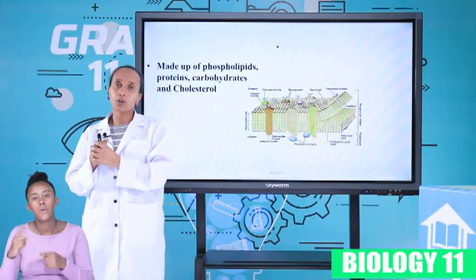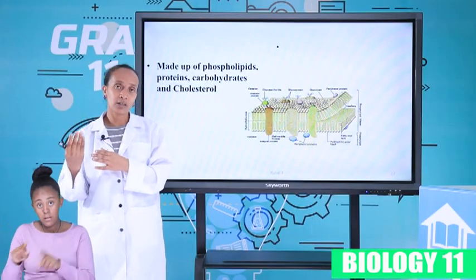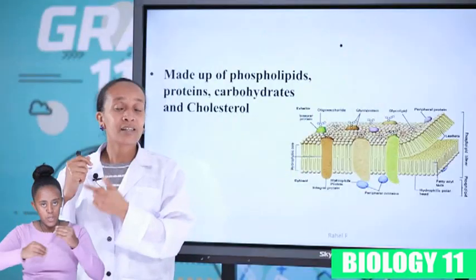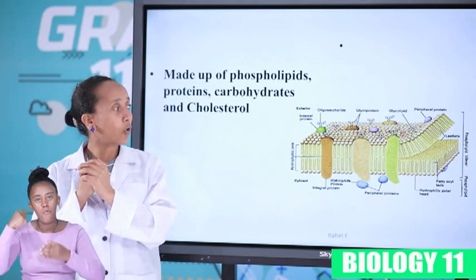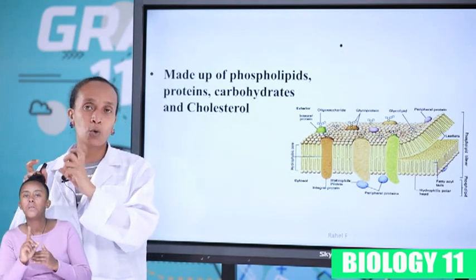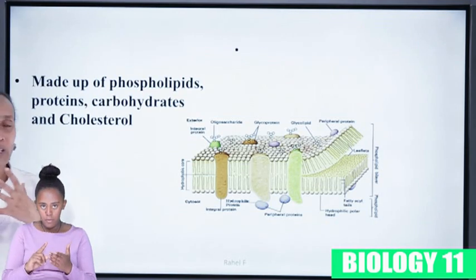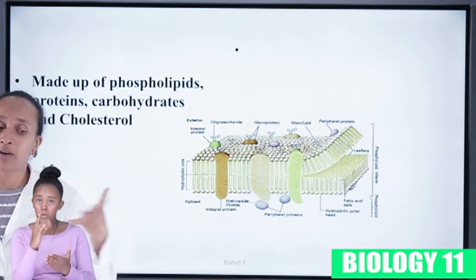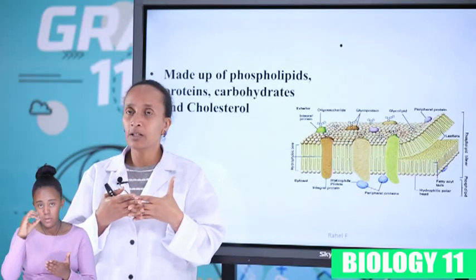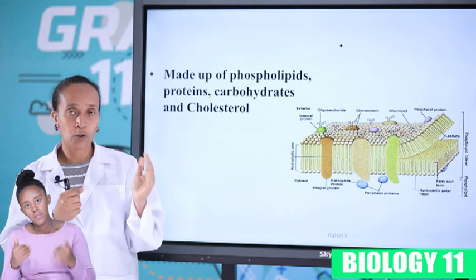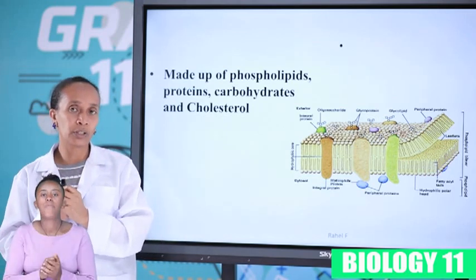When we come to chloroplast, the thylakoids are the site of the first step of photosynthesis, and the second step of photosynthesis occurs in the stroma, the liquid portion of the chloroplast. So you have to list the differences between these two structures, even though they have some similarity; you have to list the main differences between chloroplast and mitochondria.